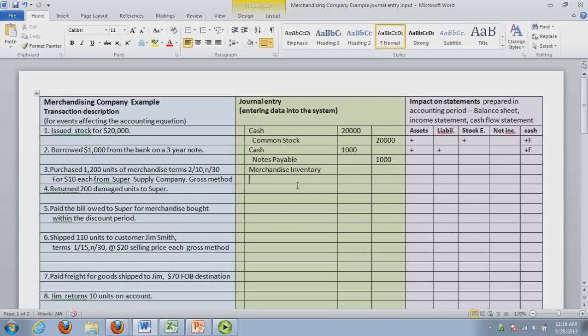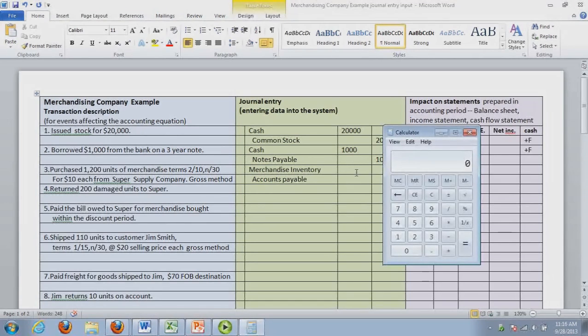And when you see the terms given, that simply means that we are not paying. So it's the same thing as seeing on account. There's no mention of cash. And if we're smart, we'll pay it within 10 days. If not, then we have 30 days to pay it. So I'm going to put accounts payable. And then as far as amounts go, it's not hard math here, but let's go ahead and use the calculator anyway. 1,200 times 10. So we have $12,000 worth of merchandise.